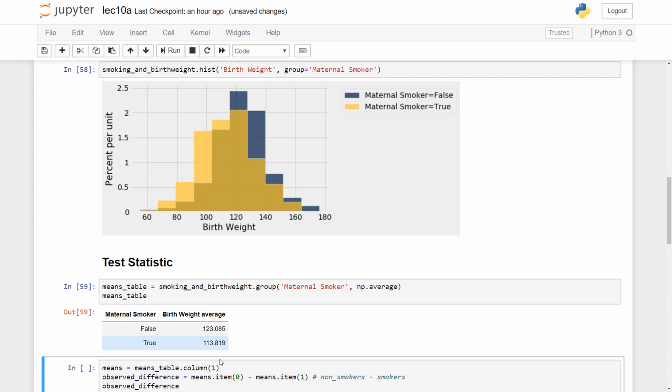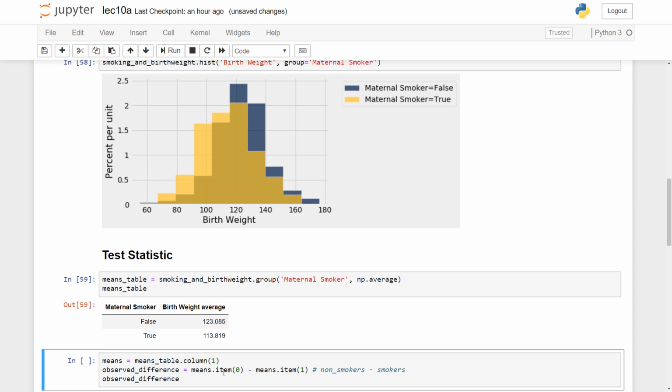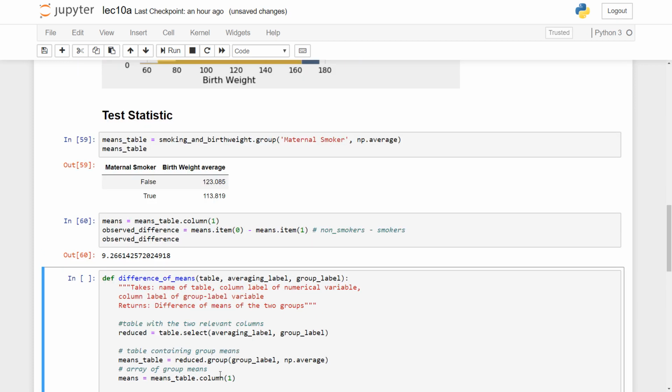Let's see if the hypothesis testing will be supported by this data or not, or if the null hypothesis will be supported by this data or not. So let's compute the statistic, the observed difference. The observed difference is 9 point something.